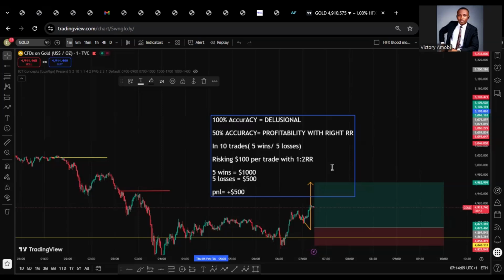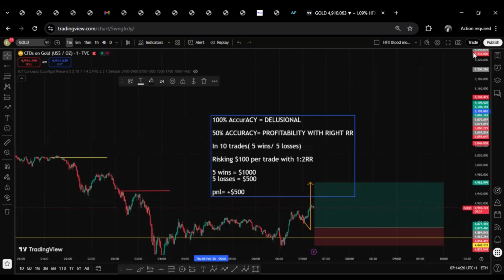In fact, the dangers of being on a long winning streak sometimes are more disastrous than a long losing streak, I tell you. So that's one of the things to consider. You can see with 50% accuracy, you're good with just 1:2, right?